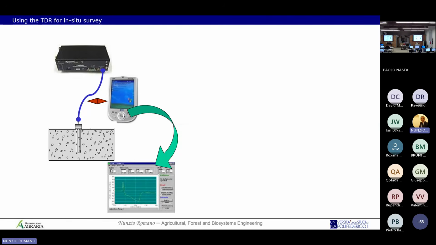So this is why, again, TDR requires skilled people. When the operator likes the wave, he stores the wave. So the measurement of the TDR is not a value, like 0.3, but the measurement is the waveform.